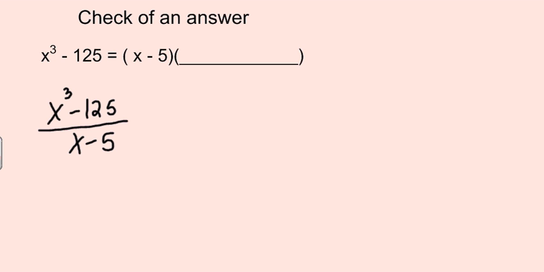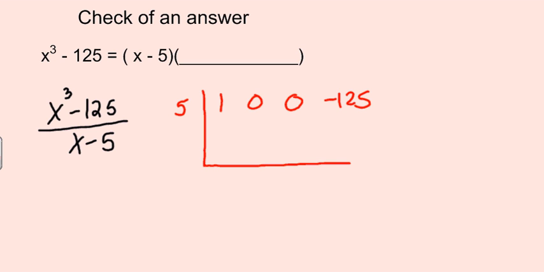If we set the denominator equal to 0, we get 5. If you remember synthetic division, that goes on the outside. I am missing both the squared and the x terms, so the coefficients of that numerator are 1, 0, 0, negative 125. If you remember your rules of synthetic division, you bring down the first number, multiply, and add.